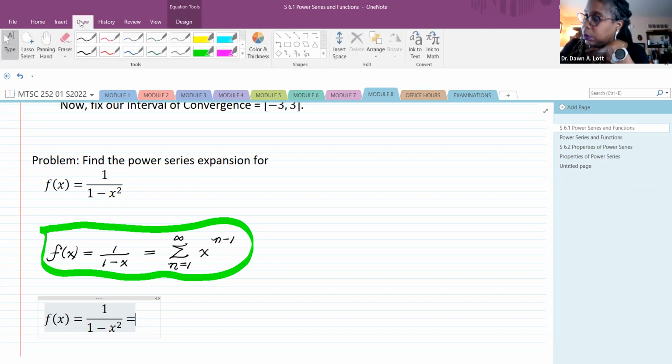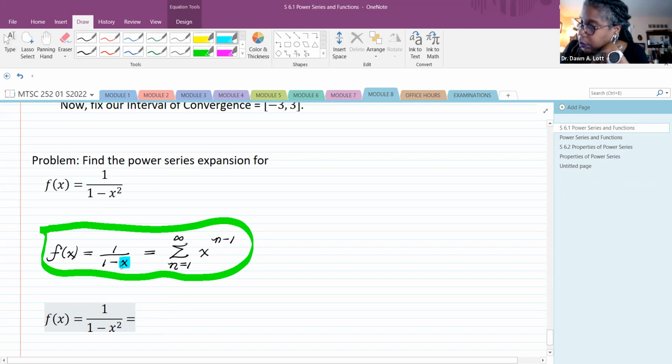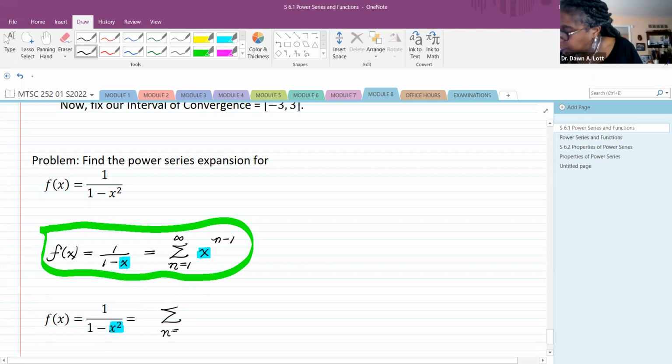Notice 1 over 1 minus x is equal to the sum of x to the n minus 1. So this is 1 over 1 minus x squared, so this is going to be equal to the sum from n equals 1 to infinity of x squared to the n minus 1.